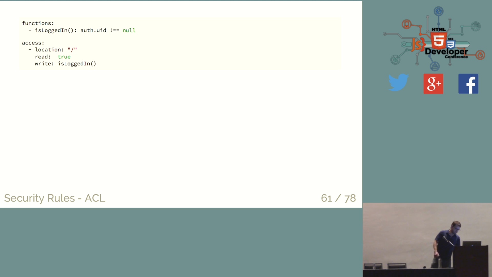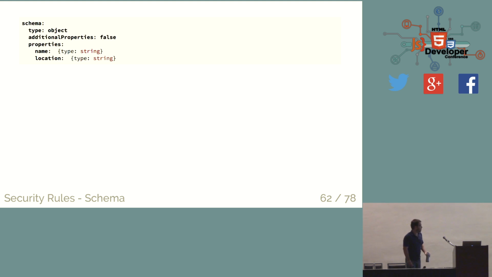And for the schema, we can just specify a schema that looks a lot like JSON schema. So if you're familiar with JSON schema, this is pretty much that. So this would be the schema for that user object that I showed back at the beginning. It is an object. It has two properties of type string, one called name, one called location, and these are the only properties that it may have. You can't add anything else to this object.